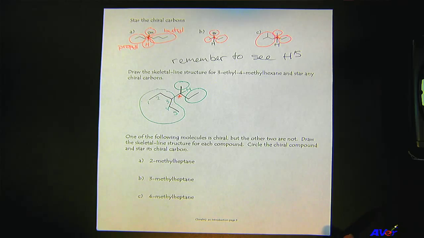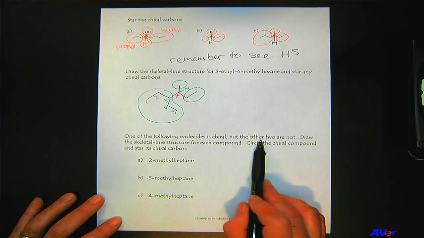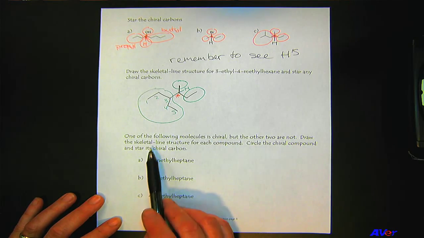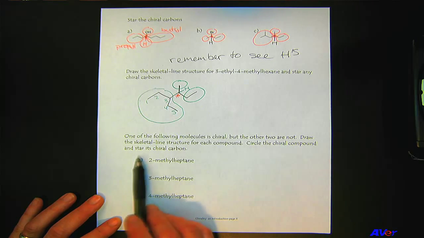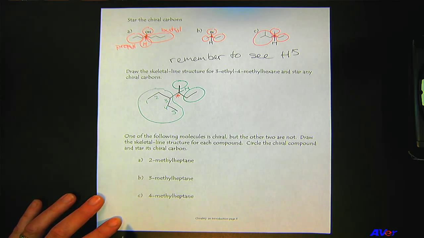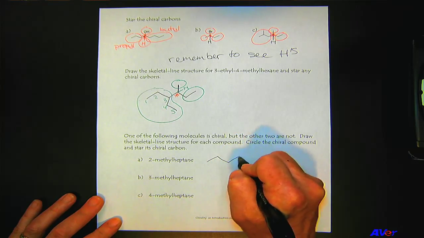Now let's do a little more practice here. One of the following molecules is chiral, but the other 2 are not. Draw the skeletal line for each compound, circle the chiral compound, and star its chiral carbon. So heptane, 2, 3, 4, 5, 6, 7.